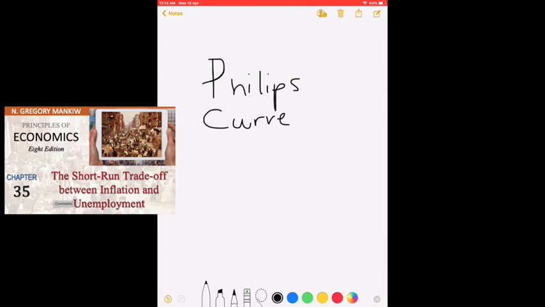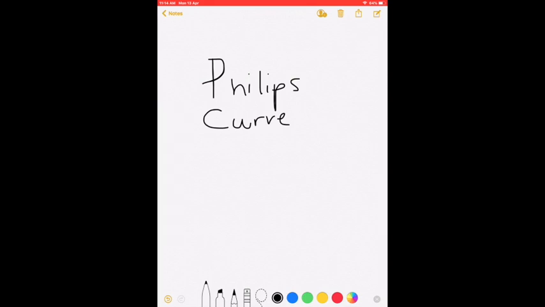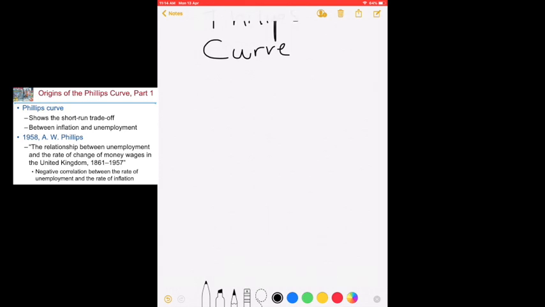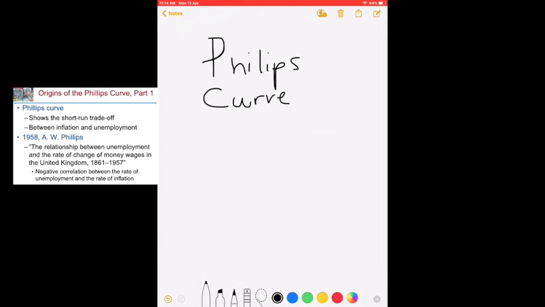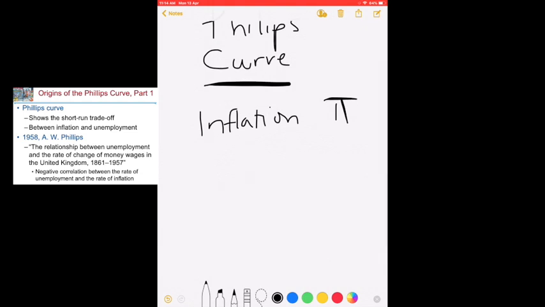And basically, what we're trying to do is we want to figure out how these two things are actually related. And the Phillips curve basically explains this relationship. And according to the Phillips curve, inflation, which is depicted by a pie in this lecture, and unemployment, you'll find two of them.